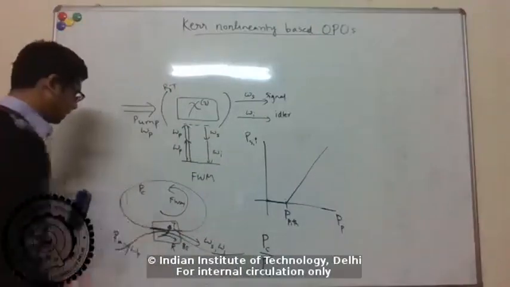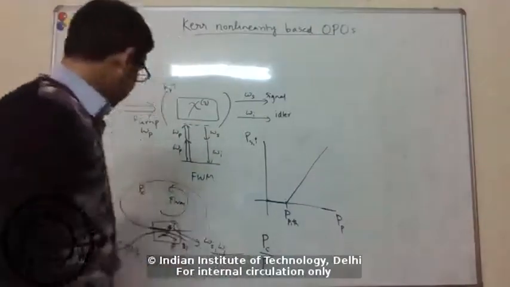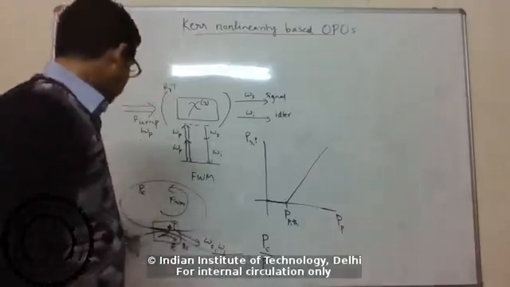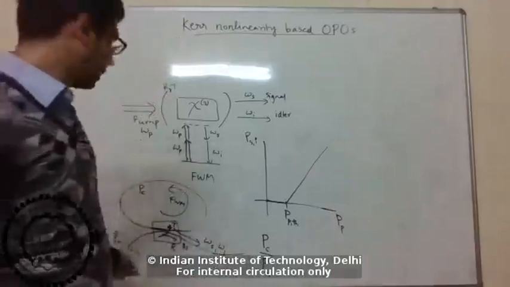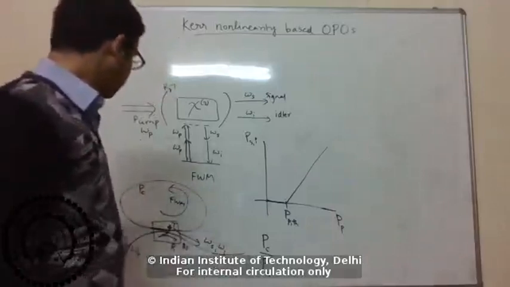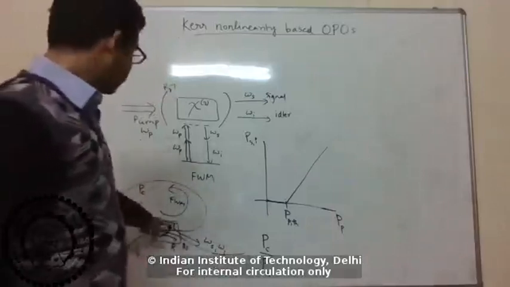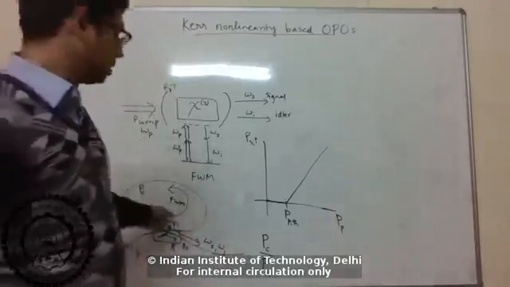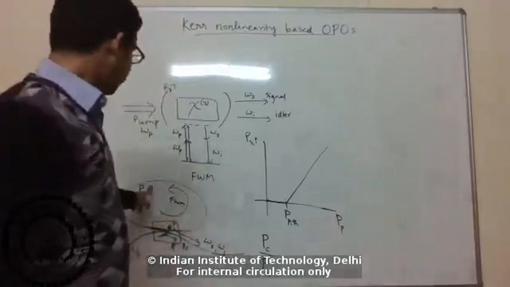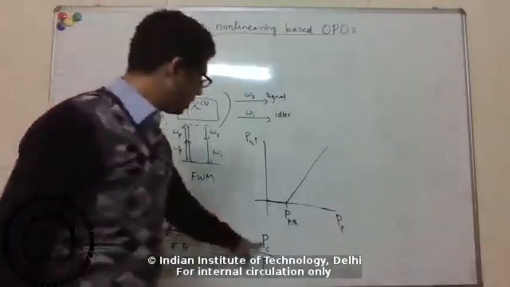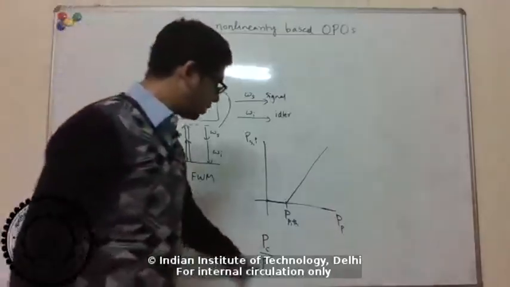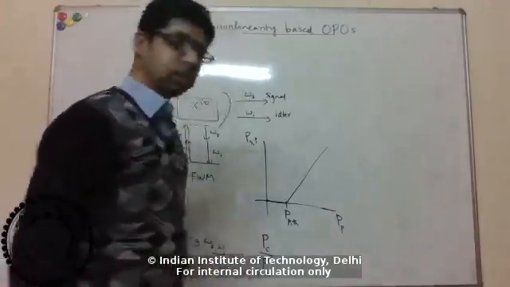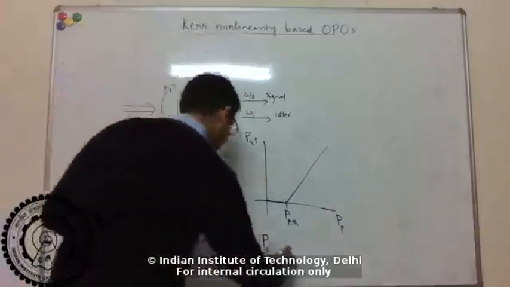Let's say now we are looking at the pump frequency because we are only sending in the pump. We send in some input power P_in, and then it gets coupled into the cavity, and it builds up within the cavity due to multiple round trips. In steady state, the power in the cavity is related to the power input.